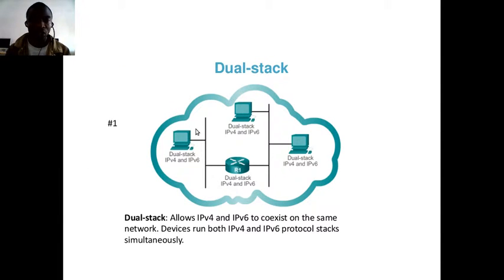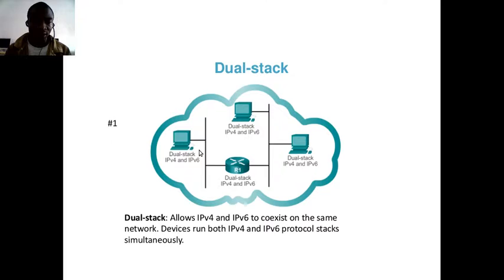So the very first transition technique here is the dual stack, which is a mechanism that ensures that an equipment has the possibility of running both IPv4 and IPv6. By dual stack, we simply mean the ability for an equipment to run IPv4 and IPv6.